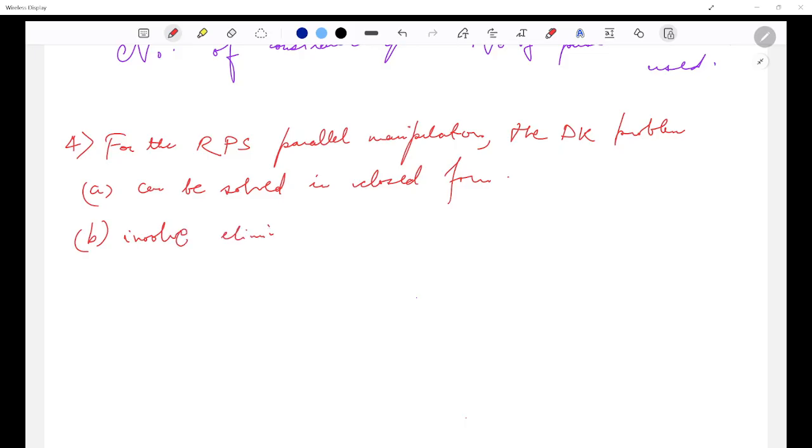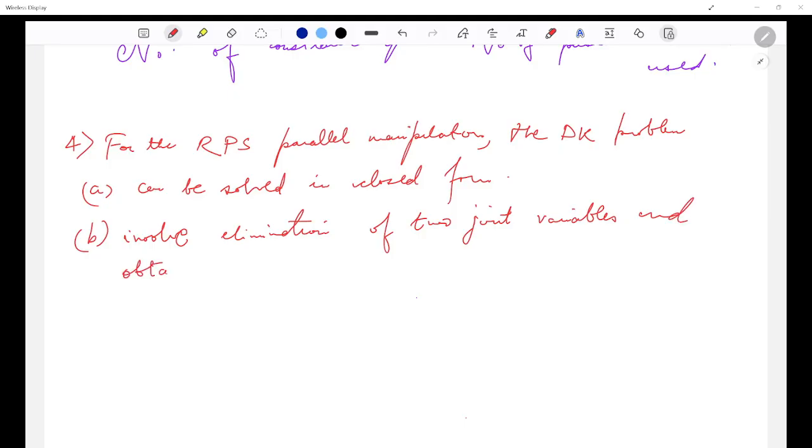Involve elimination of two joint variables. This is directly from the lecture after derivation.